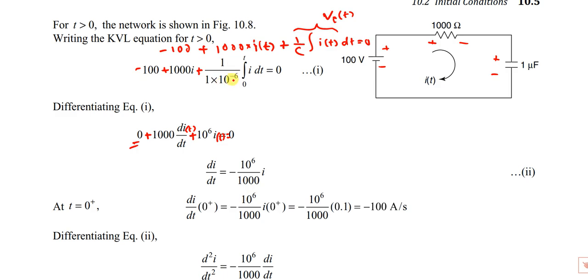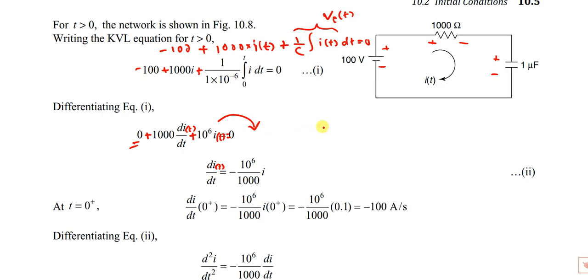If you bring it to the numerator, minus 6 becomes plus 6, 10 power 6. Differentiation and integration get cancelled, and we are left with I of t. You bring it to the right side, and it becomes minus 10 power 6.